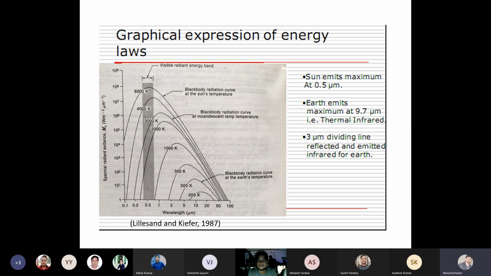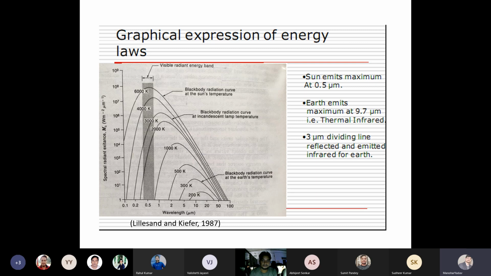This is the reason why, in multispectral sensors, the bands which are designed mainly lie between the visible spectrum and 3 micrometer. We also design sensors for wavelengths more than 3 micrometer. So this is the second interpretation based on this plot.